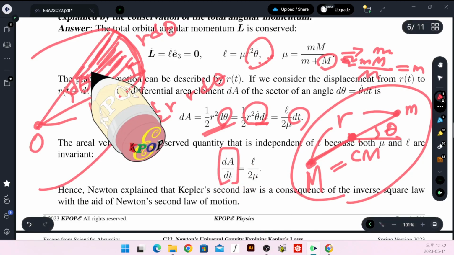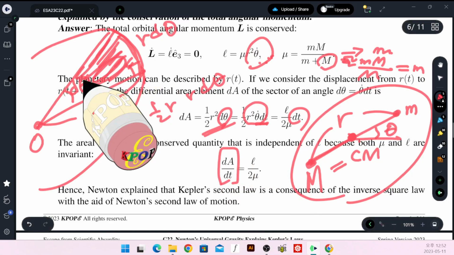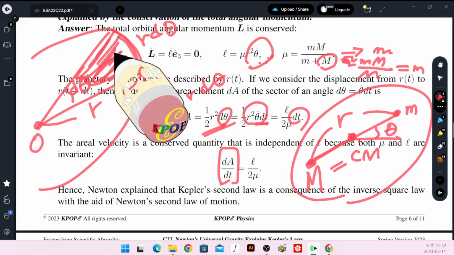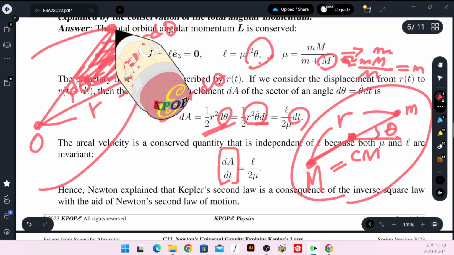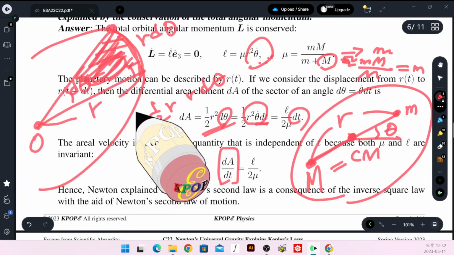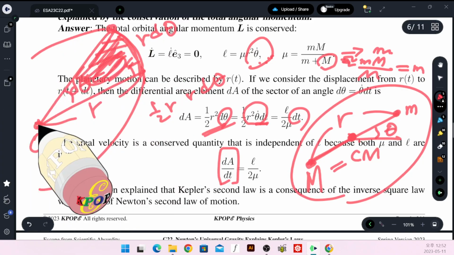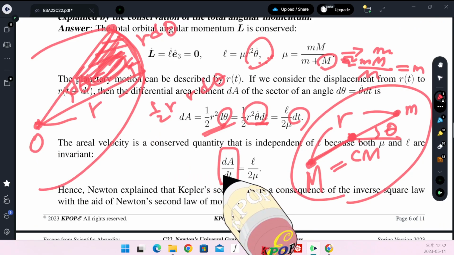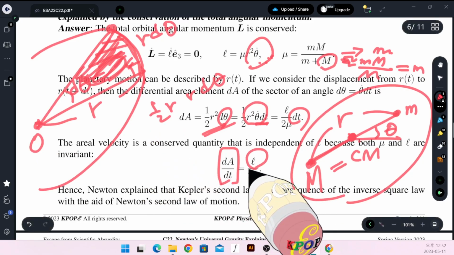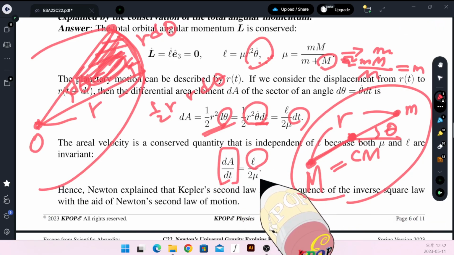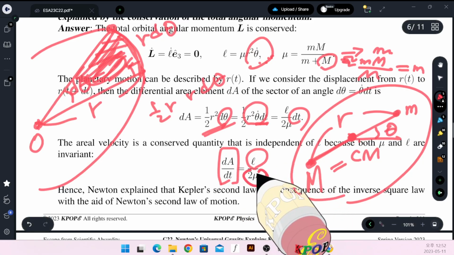So the areal velocity, the time rate of change of the area swept by a planet on the orbit measured from the sun, is the orbital angular momentum divided by 2 times the reduced mass. Both of them are constant.